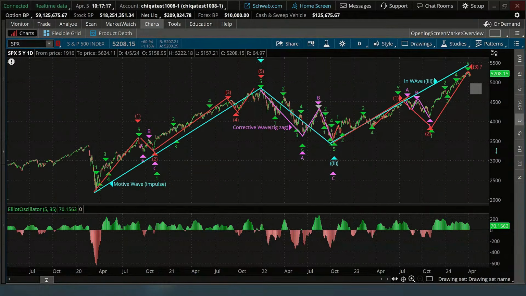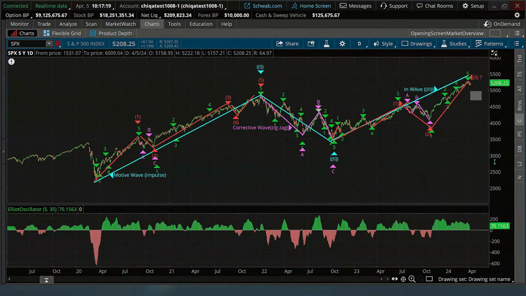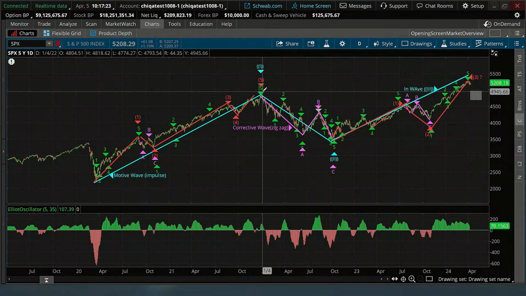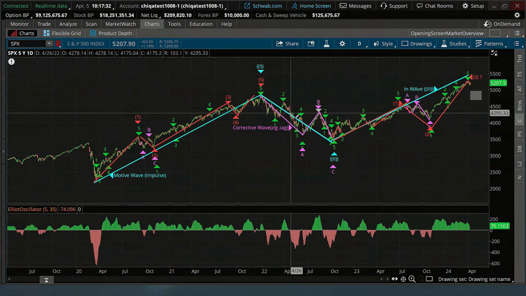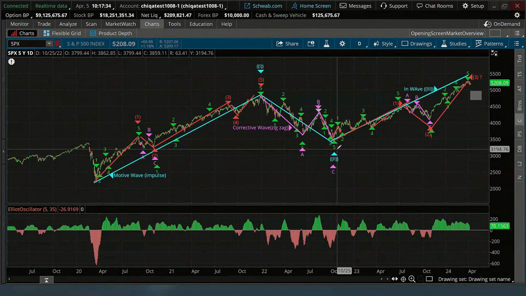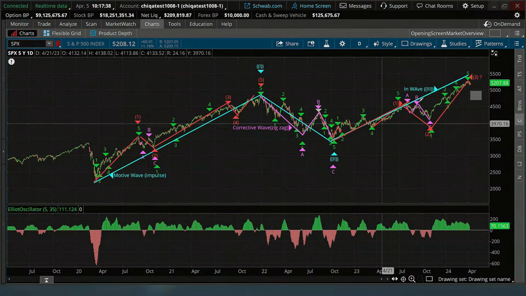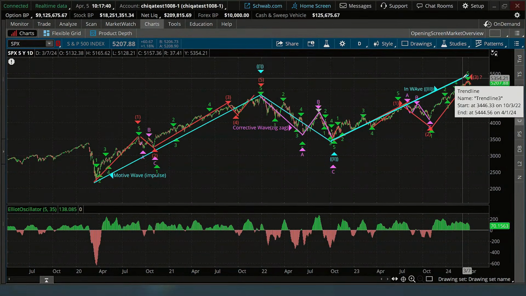And I've got that labeled as wave number one. This is the big wave number one. Okay. Here is wave number two. Notice it's a corrective wave. So you have the A, B, C pattern in there. Okay. And then this is wave number three on the big time frame.